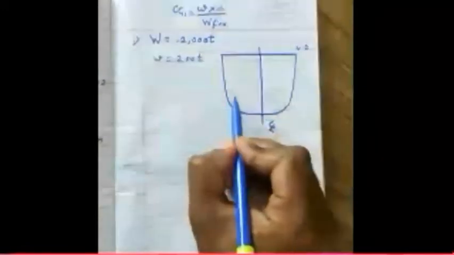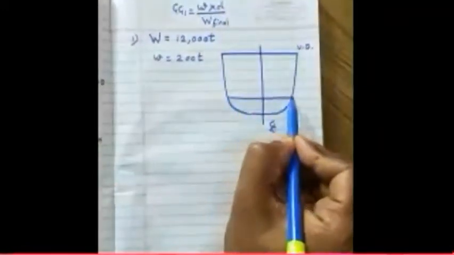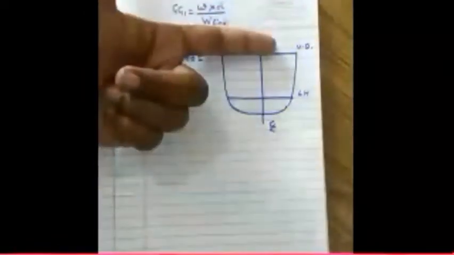Now it is saying something about the upper deck and lower hold. Upper deck means it is the main deck. This is my upper deck. And somewhere over here is the lower hold. I can say it is the tank top of the ship. I hope you people remember what is tank top. Yes, sir. Upper deck is one platform and the lower hold is one more platform near the bottom.